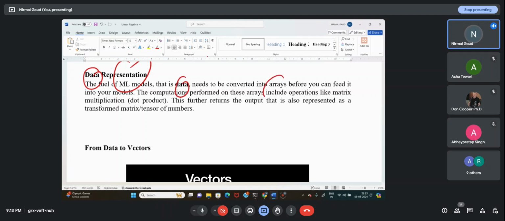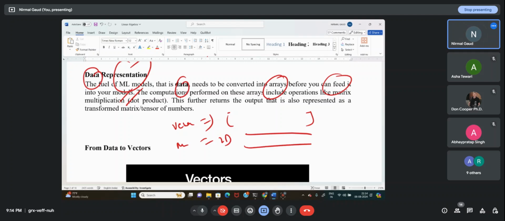Data needs to be converted into arrays when you are going to feed it into the models. So we are not simply giving data in actual format. We do convert them into arrays, and arrays are this notation only. So vector means 1D array, and matrix means 2D array.